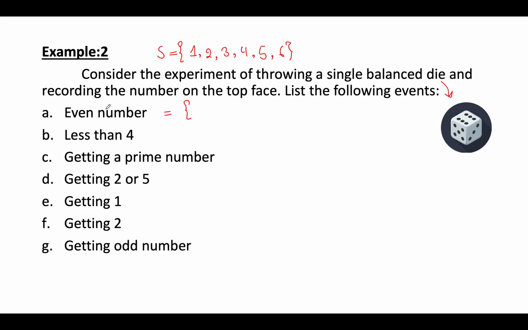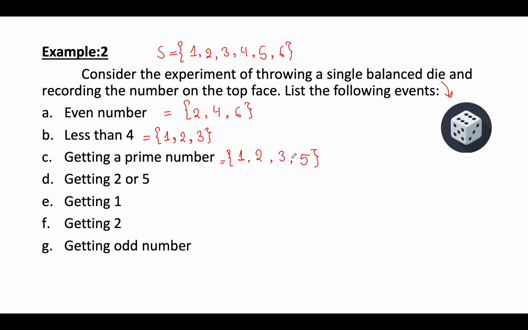Now, what are the possible outcomes of getting an even number? I've got here 2 or 4 or 6. All right. What is the possibility of getting a number less than 4? I've got here 1, 2, 3. Right? Then, what is the possibility of getting a prime number? It might be 1 or 2 or 3 or 5.